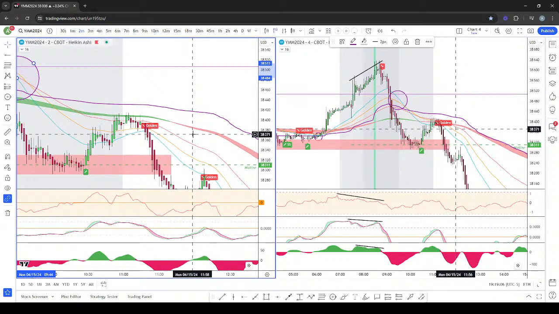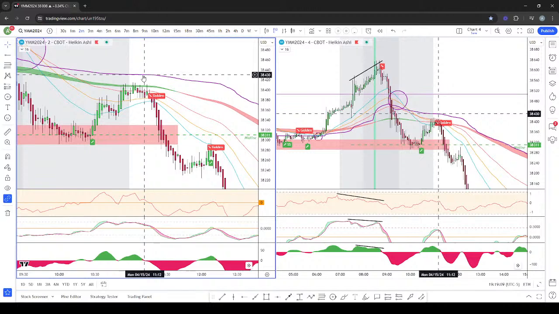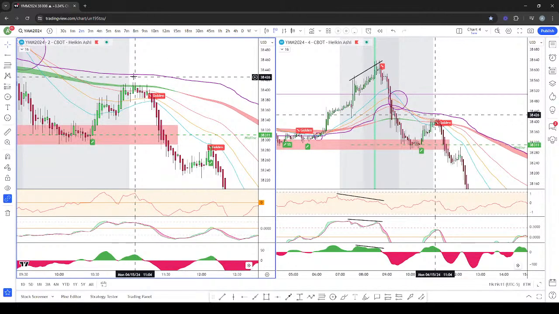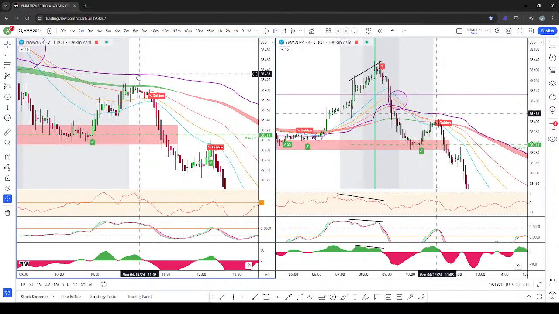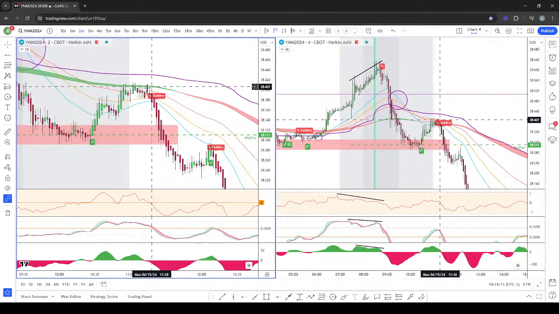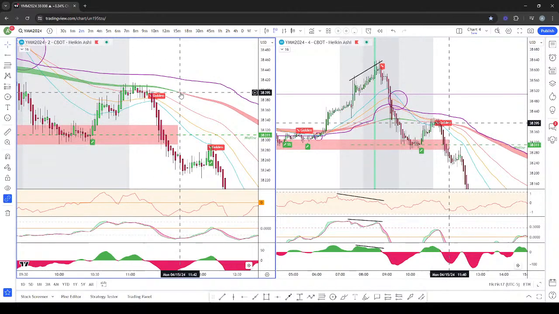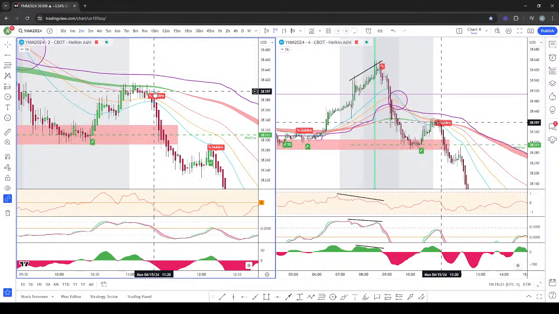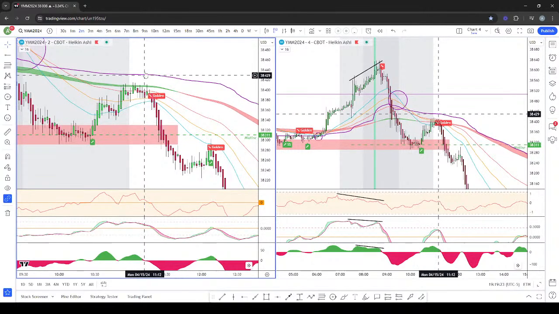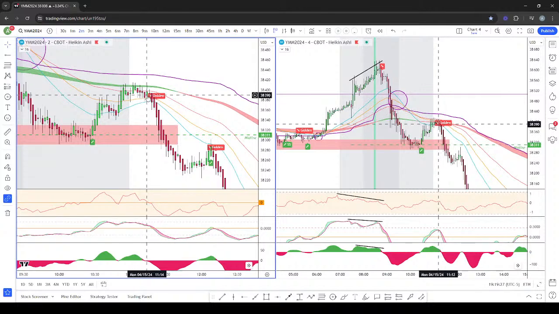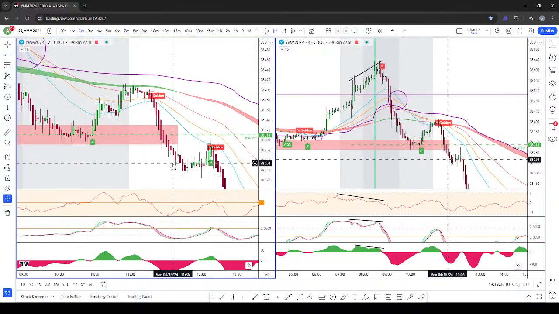But most importantly, check out the sequence. Once again, it's this nice sequence right in here. You have VWAP on top, you've got your 200 EMA cloud, and then you have your EMAs, the red, orange, and teal. This right here is just like the perfect sequence to take this trade going down.